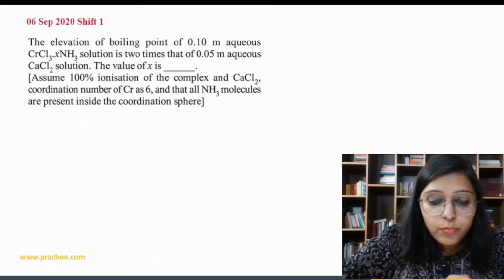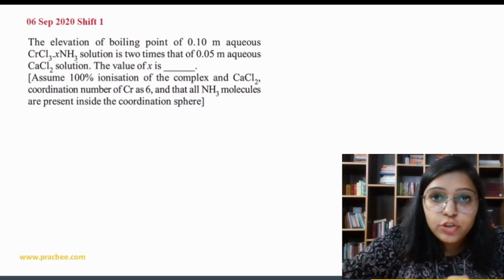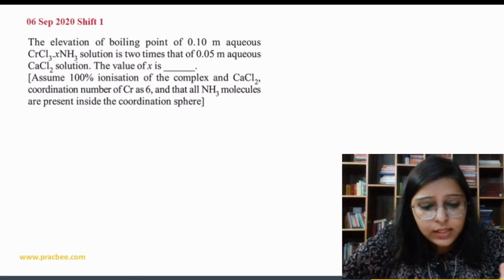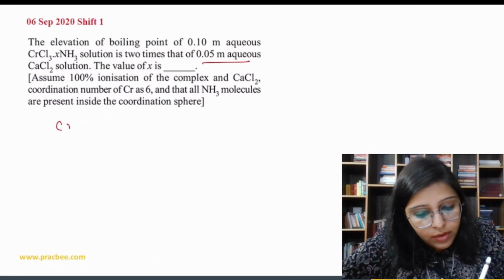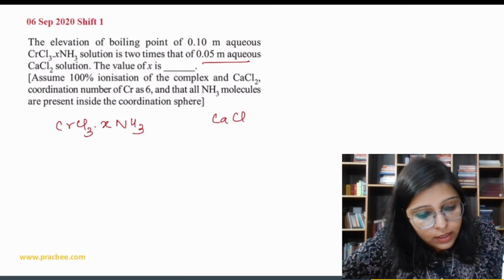The elevation of boiling point, right? The elevation of boiling point of 0.10 molar aqueous solution of CrCl3.xNH3 is 2 times that of CaCl2 solution. Okay, we have CrCl3.xNH3 and we have CaCl2.